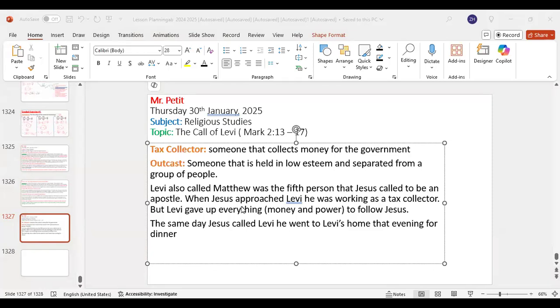That same day, Jesus called Levi. He went to Levi's home that evening for dinner with the other disciples he had chosen.